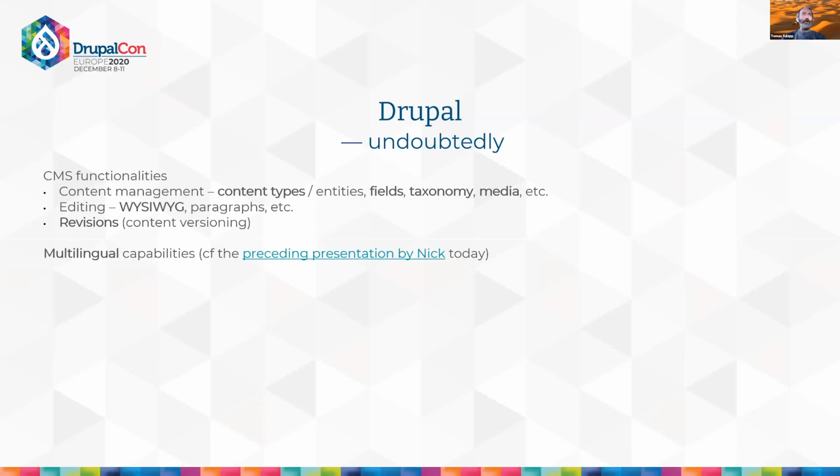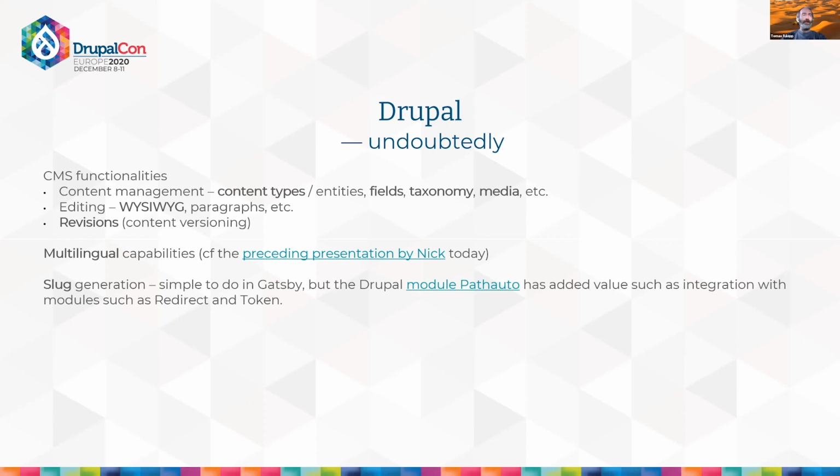The multilingual capabilities are very nicely explained in the previous presentation by Nick. Slug generation, the relative URL, is simple to do in Gatsby, but you may leverage Drupal's module Pathauto for this and get the information via the API, because then you benefit from other backend modules such as Redirect and Token.